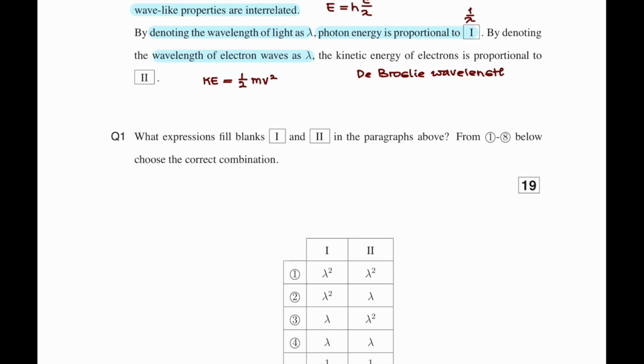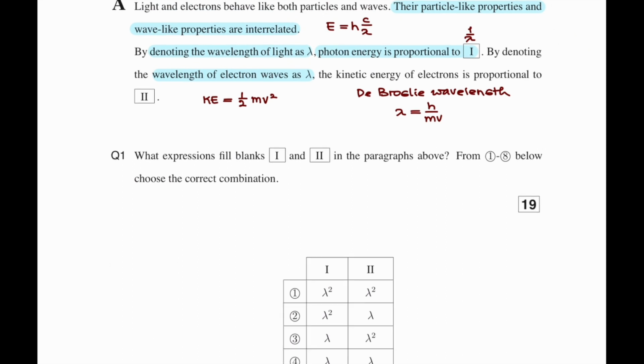The formula of the de Broglie wavelength is lambda equals h over mv. h is the Planck constant, same as in the equation before, m is the mass of the particle, and v is the speed of the particle. m times v here can be thought of as momentum, p.